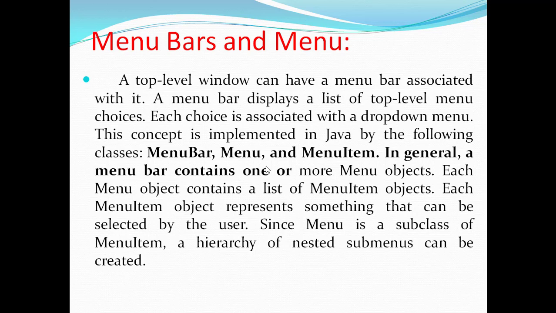In general, a menu bar contains one or more menu objects. Each menu object contains a list of menu item objects. Each menu item object represents something that can be selected by the user. Since Menu is a subclass of MenuItem, a hierarchy of nested submenus can be created.